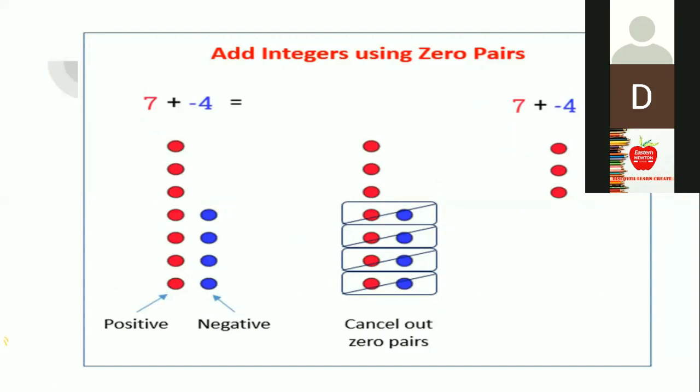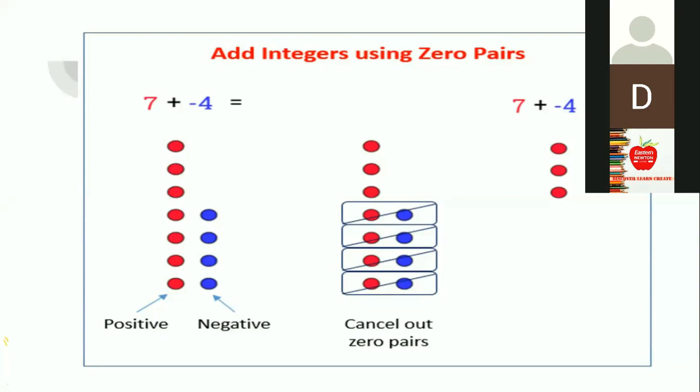So blue means negative value, and red means positive value. How much negative value is here is shown with blue color. Minus 4 is here, so there are 4 blue dots. Positive 7 is there, so you can see 7 red dots.